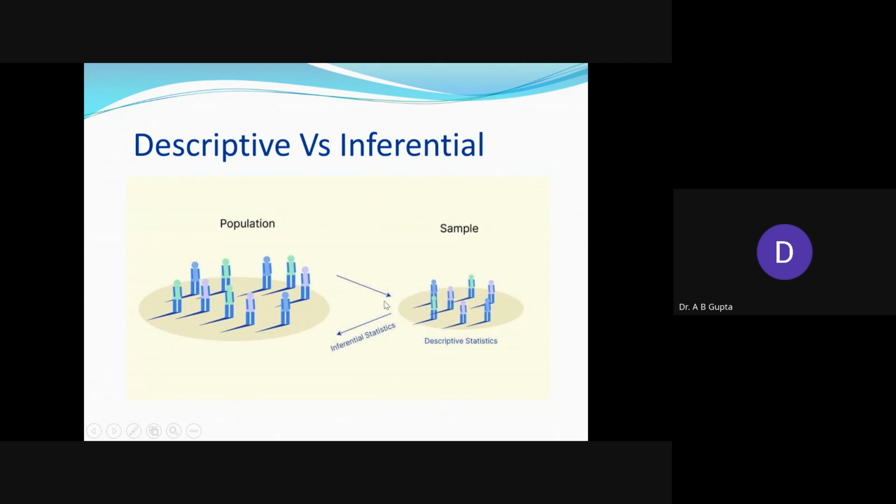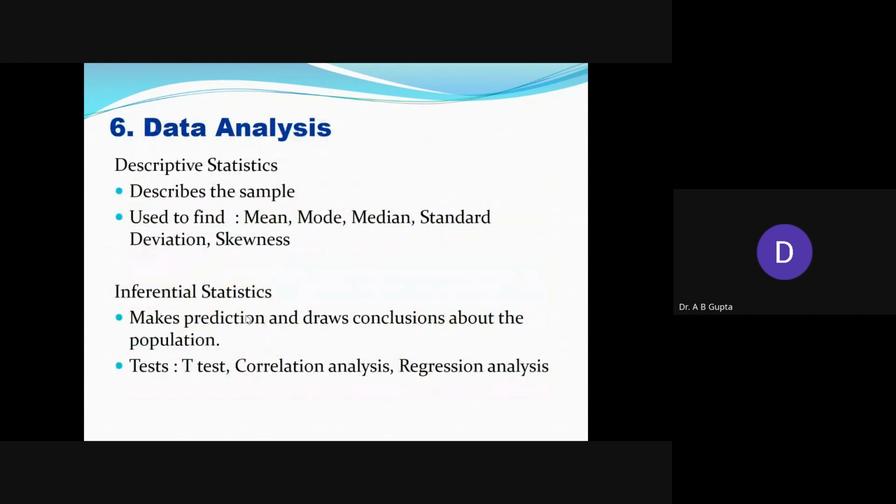Of course, from the finding of the sample, but ultimately the focus is on population. You are telling about the characteristics or features of the population through inferential statistic. So let me repeat again: descriptive statistic focuses on the sample, you are describing the sample. In inferential statistic, you are making prediction, drawing conclusion about the population.